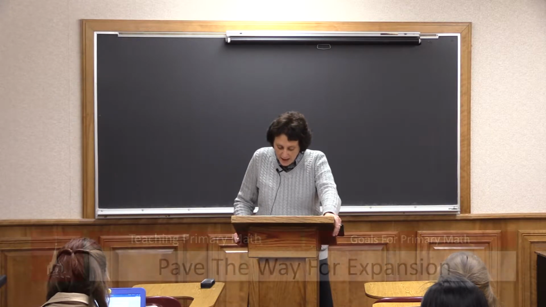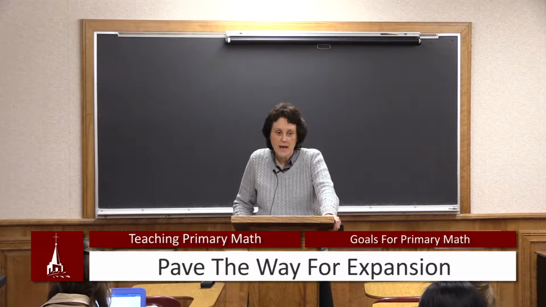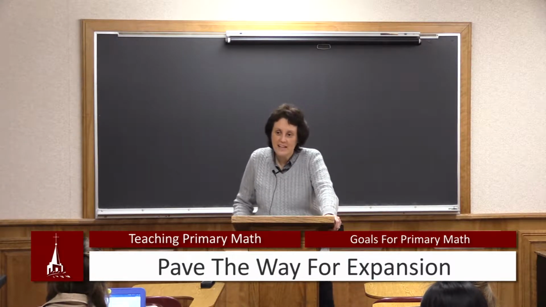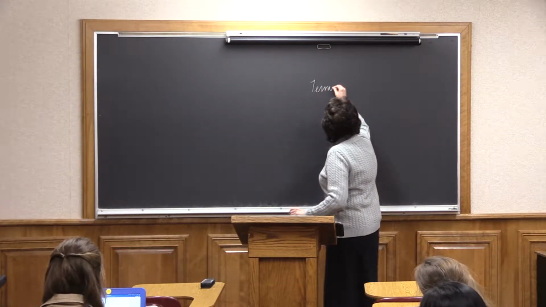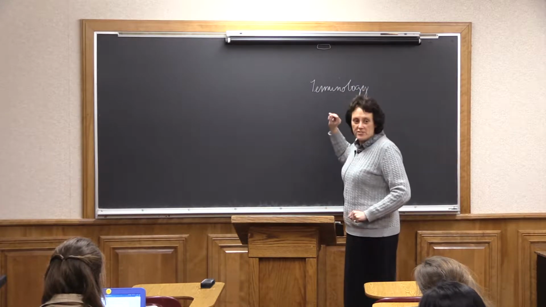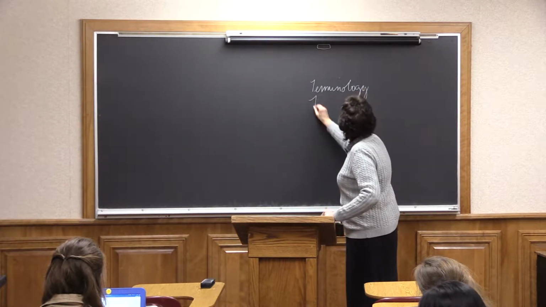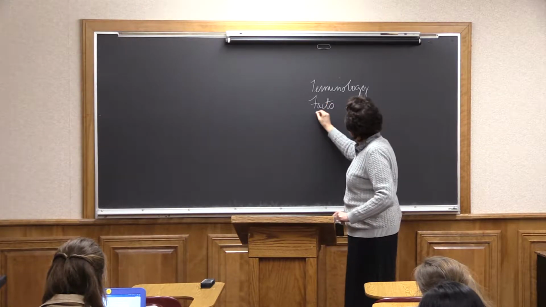Then the second thing that we're going to do, our second overall goal for primary math, is to pave the way for expansion. Let's go back to and review again our 7 steps. We have terminology. What's after terminology? Facts. Next, concept.